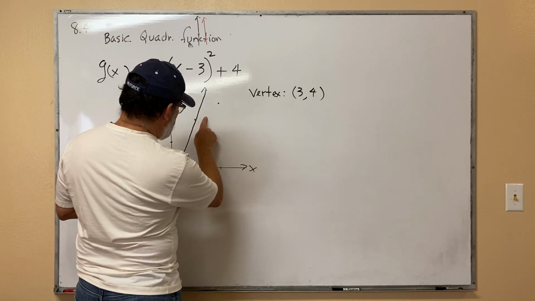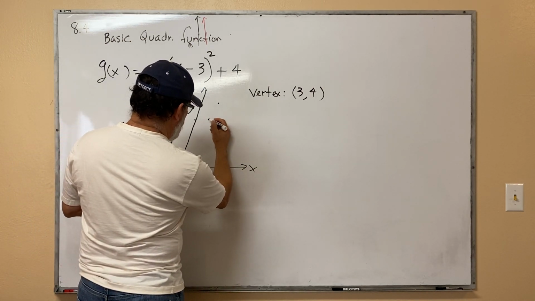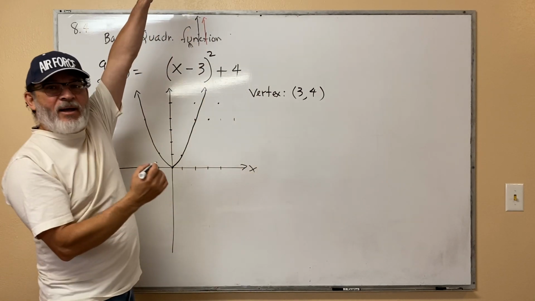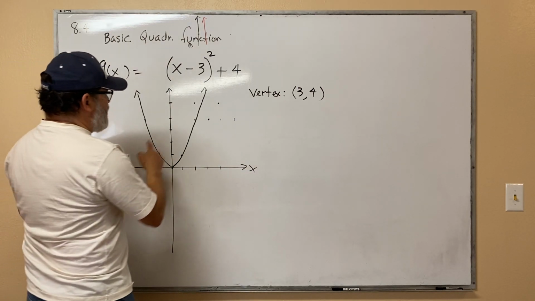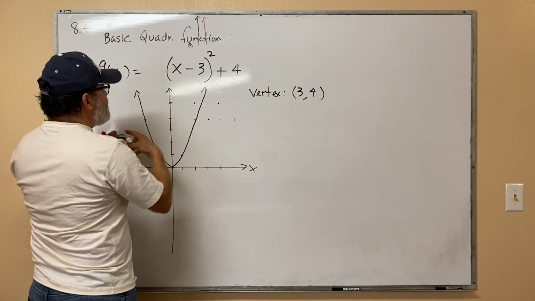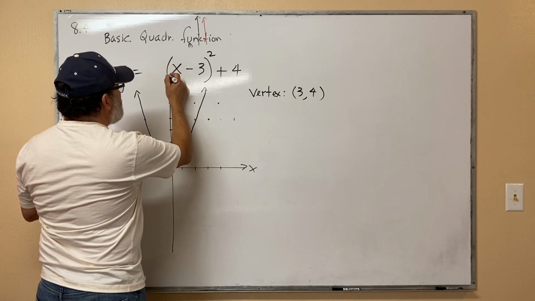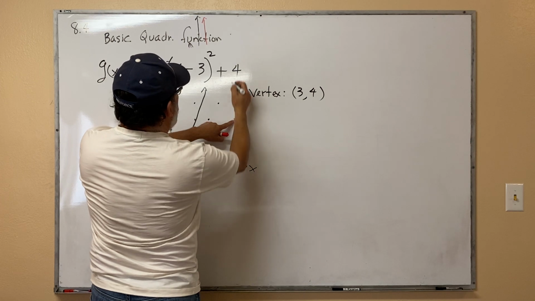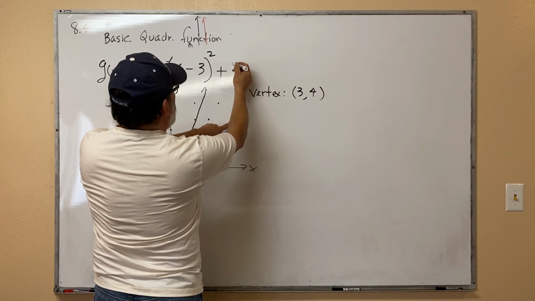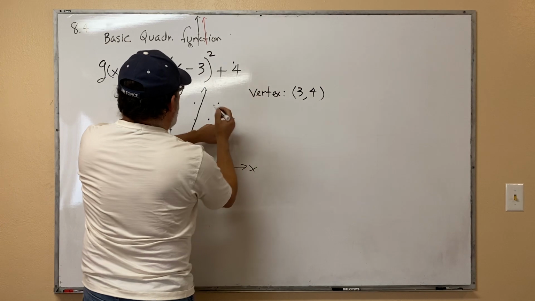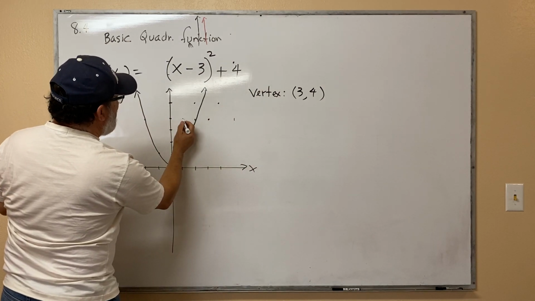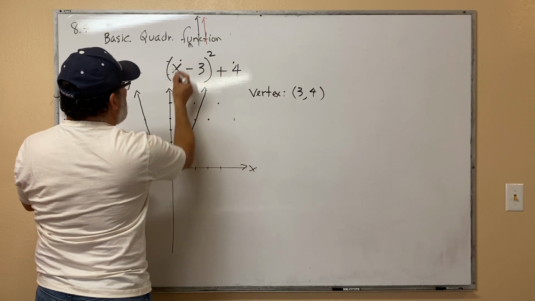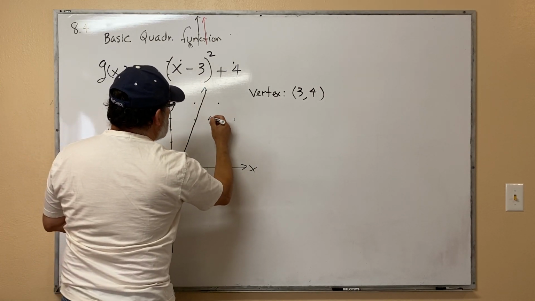From this vertex, twice to your right, how many up? 4 up. 1, 2, 3, 4 up. 4 up, right around there, okay? Twice to your left, how many up? 4 up. Approximately there. So we're gonna get this one.